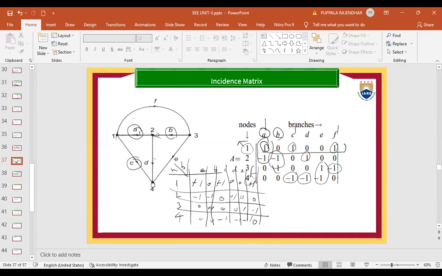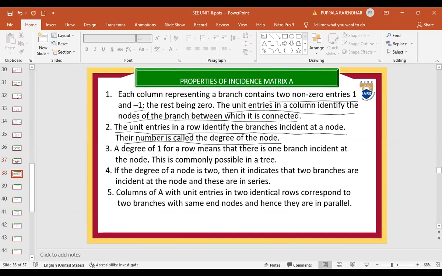What is the degree of fourth node? 3, sir. Fourth node, 3, right. So non-zero entries, we're having 3, so we're calling it as the degree of the node. And a degree of 1 for a row means there is one branch incident at that node. ఎట్లుంది ఇప్పుడు ఇది ఉంది.